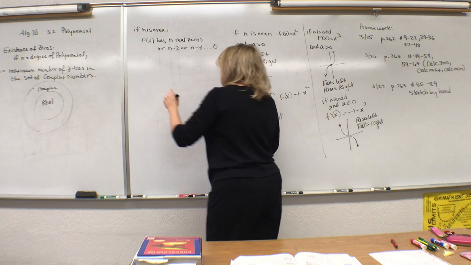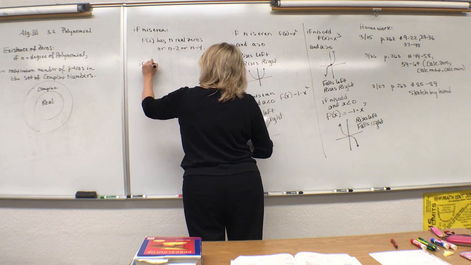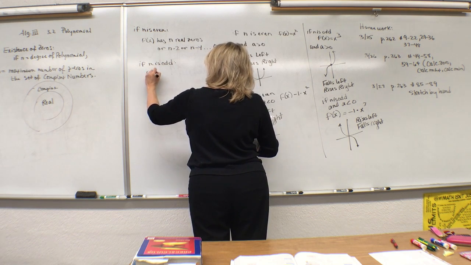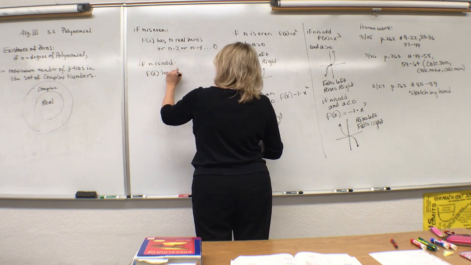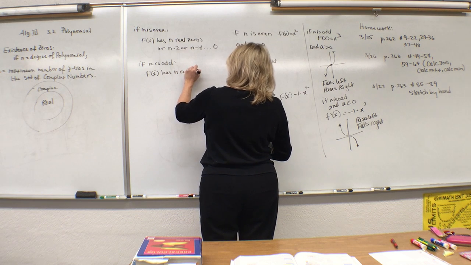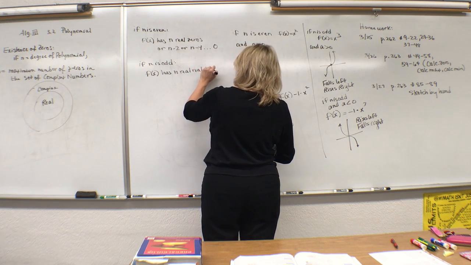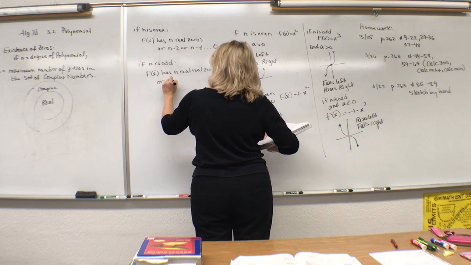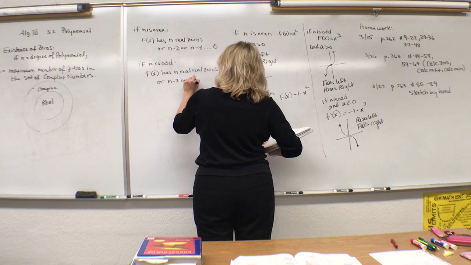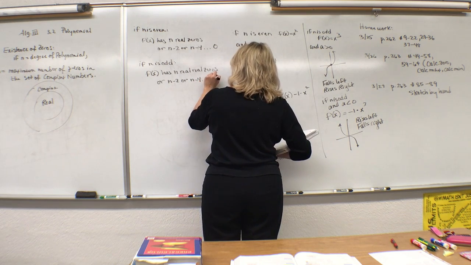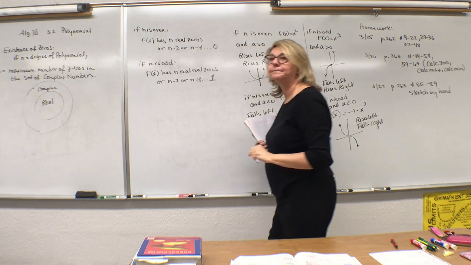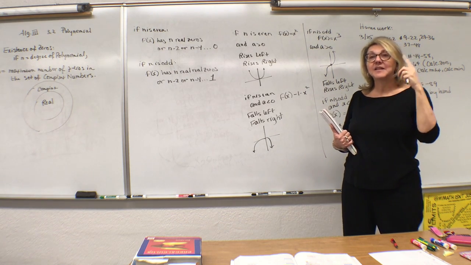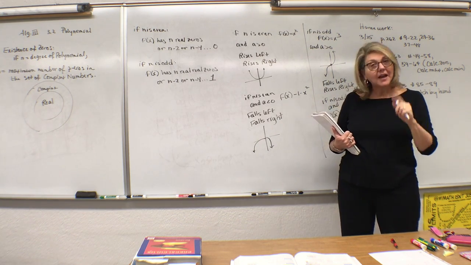If n is odd, then f of x has n real zeros, or n minus 2, or n minus 4 real zeros, all the way down to 1. If n is odd, expect 1 real zero at a minimum.